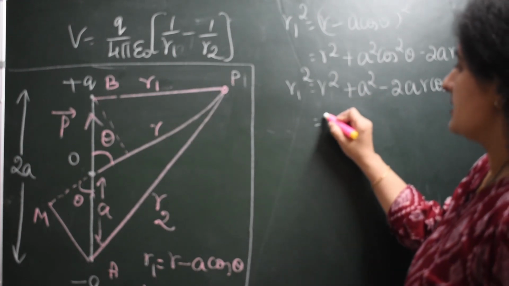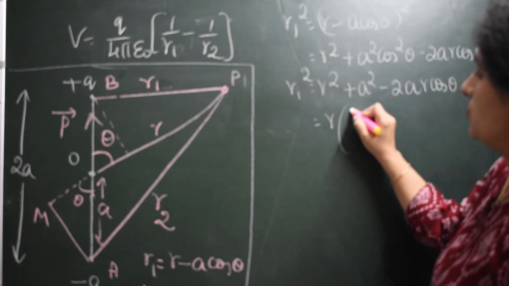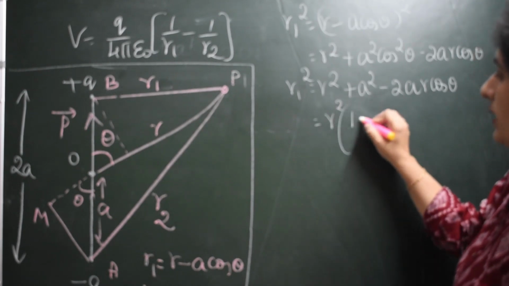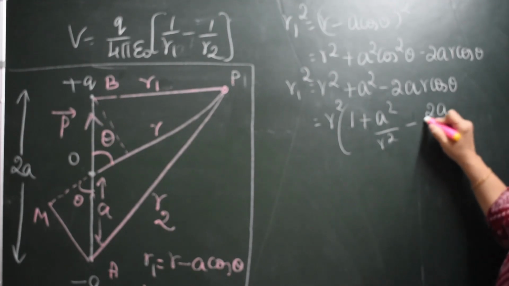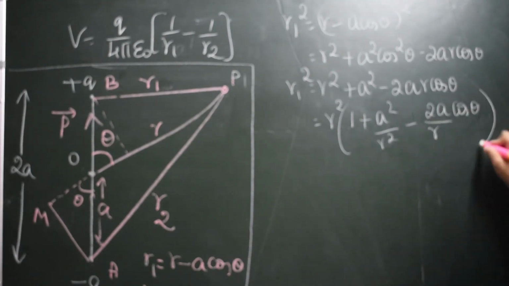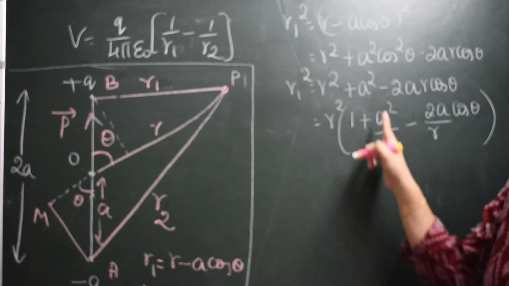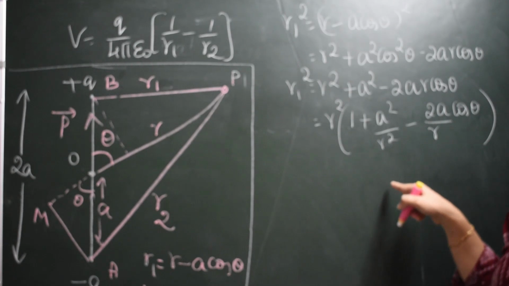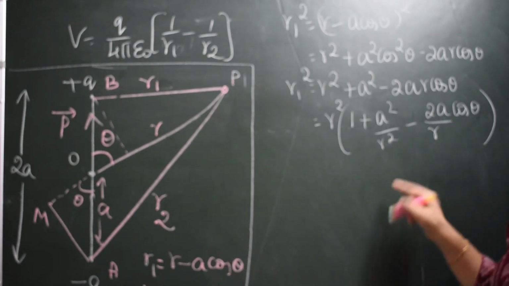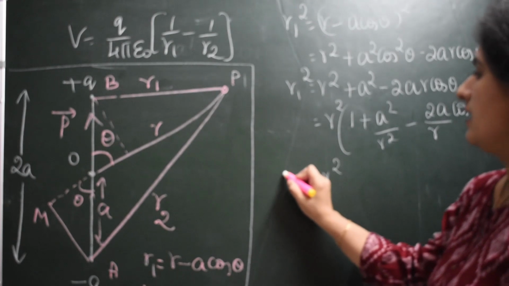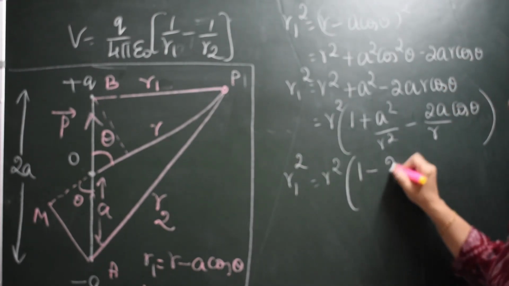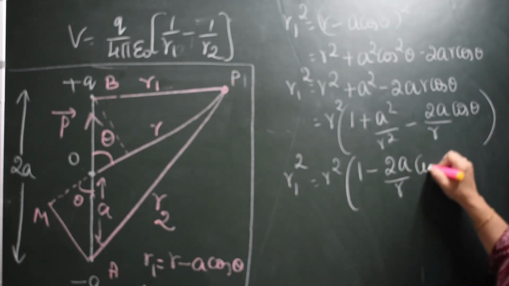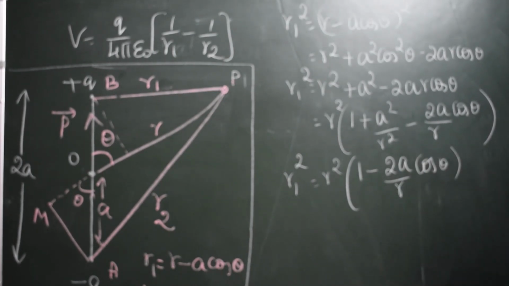Now take R square outside. 1 plus A square by R square minus 2A by R cos theta. A square by R square can be neglected because R is very much greater than A, so that their ratio becomes very small. So R1 square is equal to R square into 1 minus 2A by R cos theta. Now take out the reciprocal.